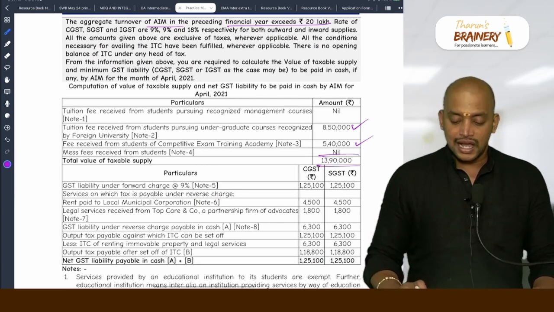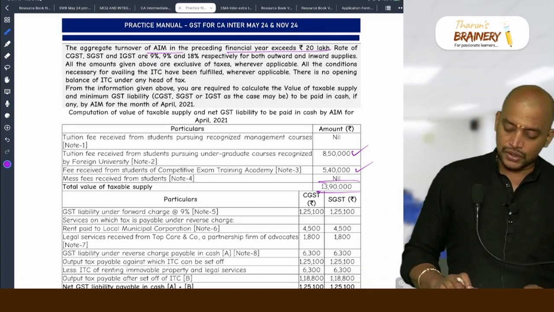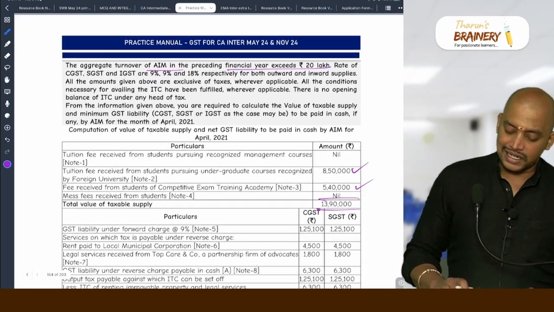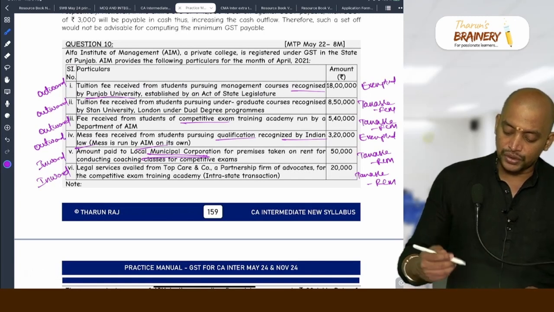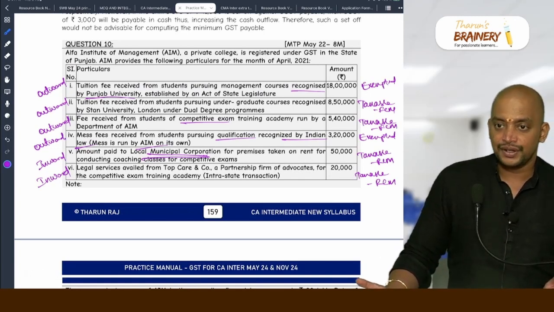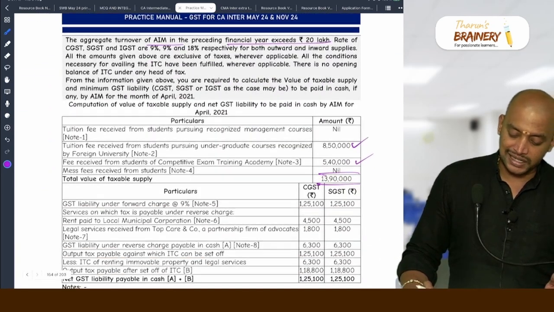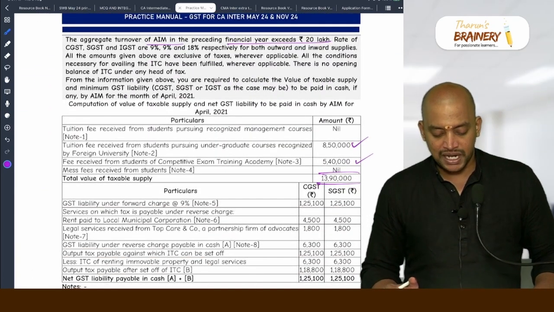Is it clear? So this will be intrastate or interstate? See this, they are providing to the students, same place, Punjab. Due to that reason, it will be intrastate.